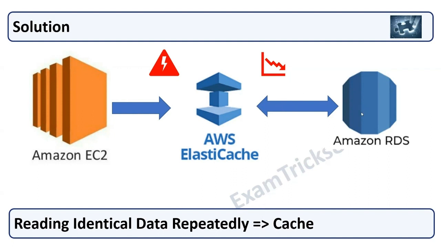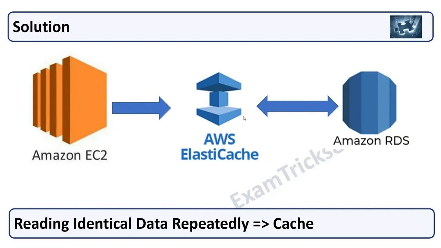So with this arrangement, the number of requests going to RDS will be low, and it will help to improve the overall performance of the solution. And our current problem of slowdown will disappear. So that's our solution. Anytime you see identical data being fetched repeatedly, data that is not changing, instead of getting it every time from database, you should use some kind of caching solution and get the data from cache.